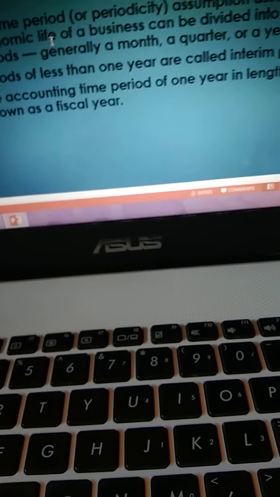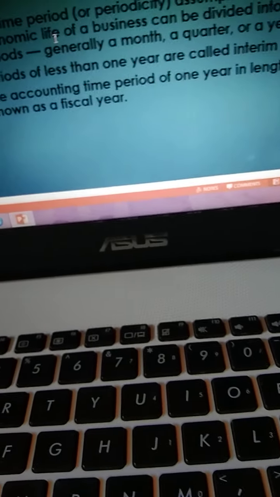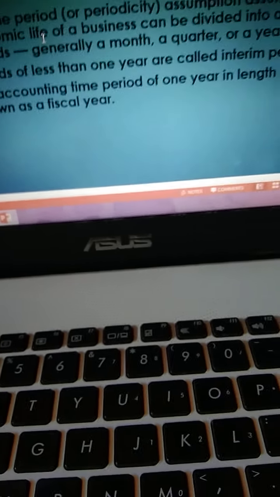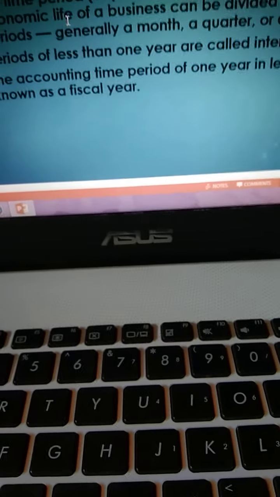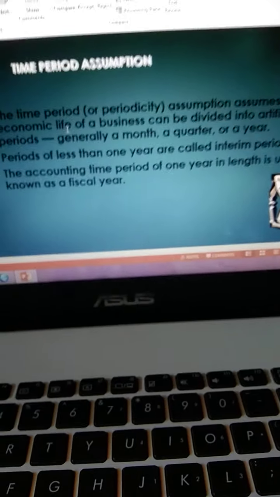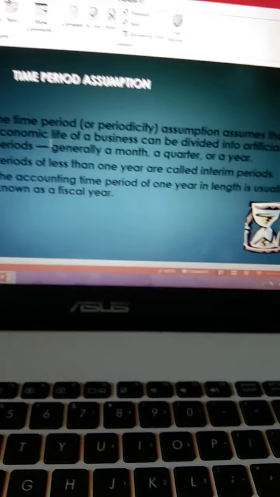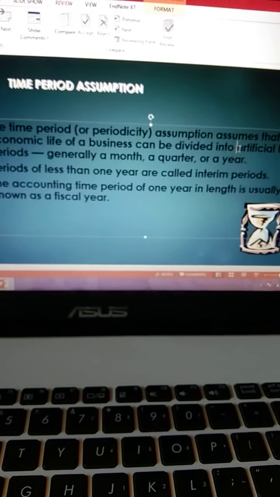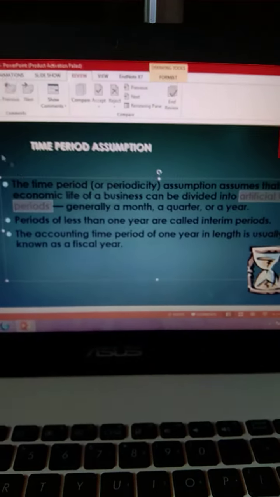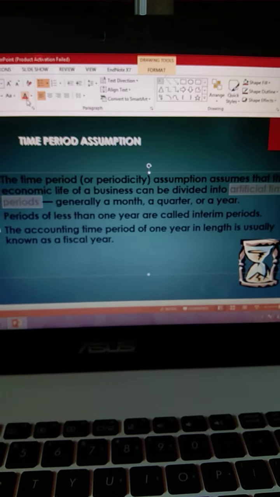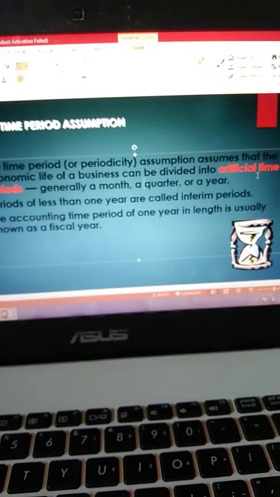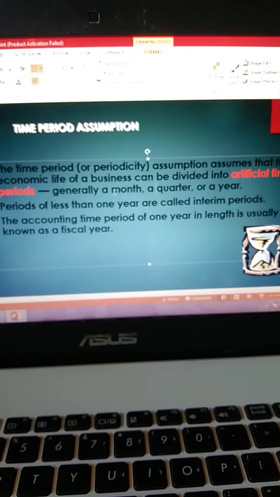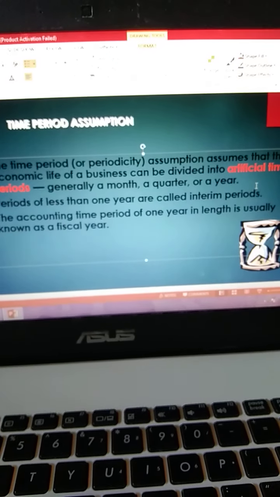If you check the meaning of artificial time period, it is either a month, a quarter or a year. Means your business to be run must have artificial time period. Okay, I will highlight this one. So later you will highlight in your notes. Artificial time periods means either a month, a quarter or a year.